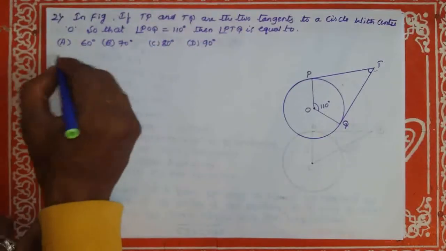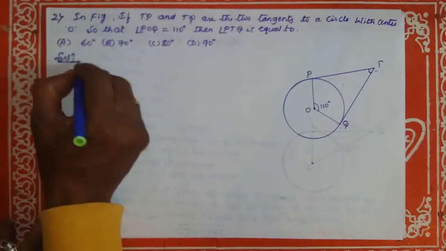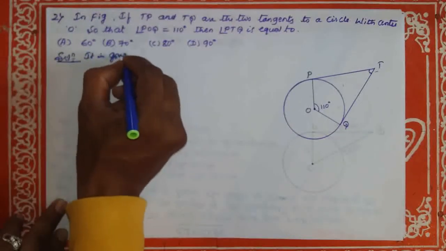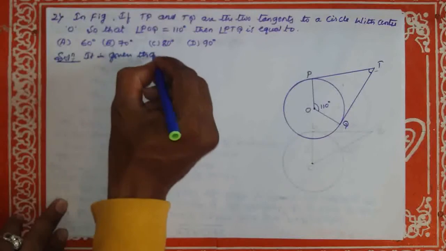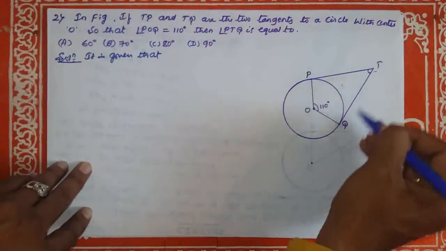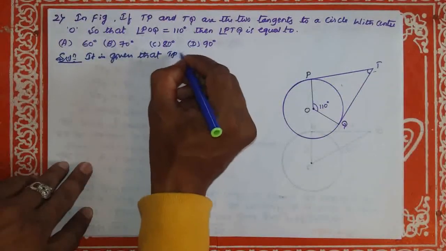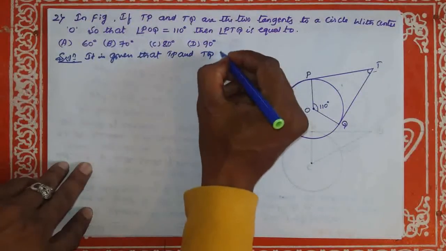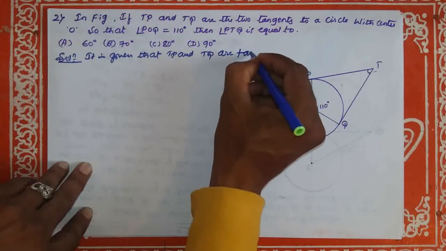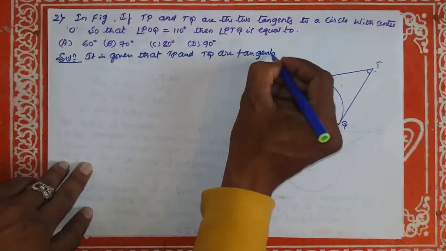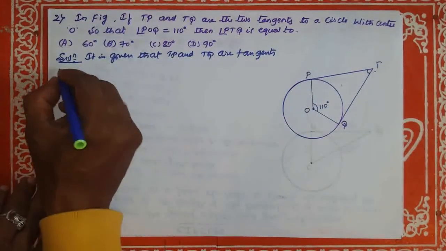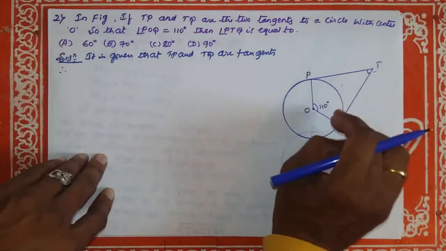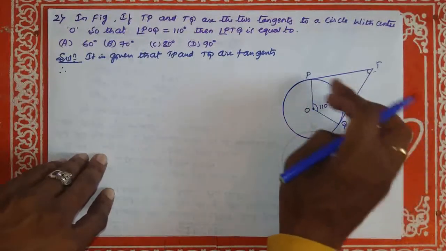Solution. See here, it is given that TP and TQ are tangents. Therefore, radius drawn to these tangents will be perpendicular to the tangents.